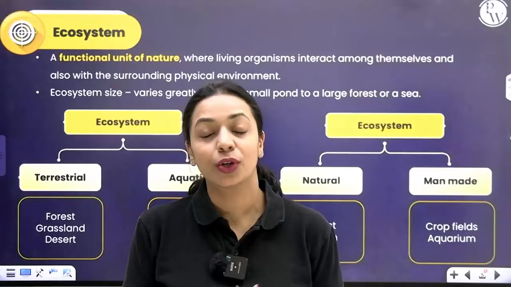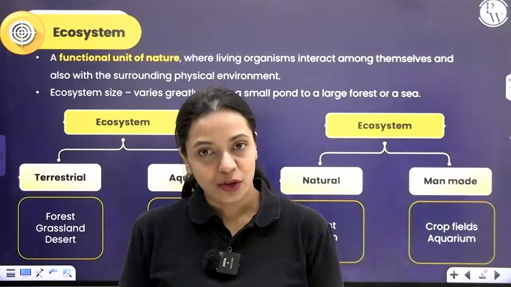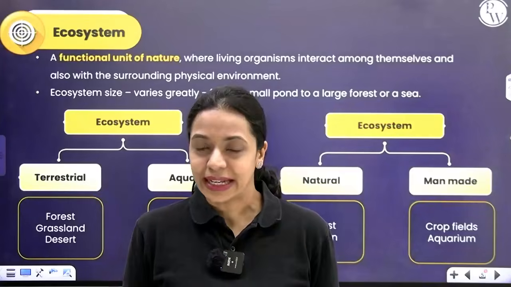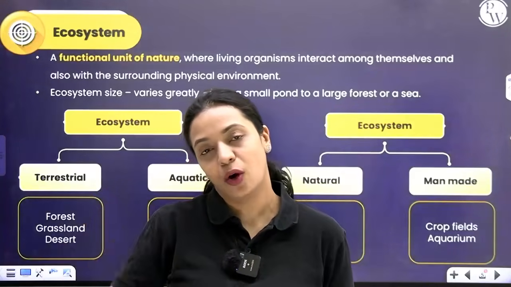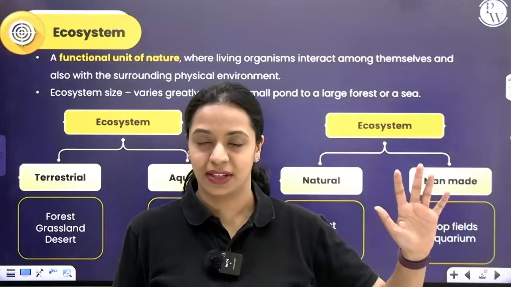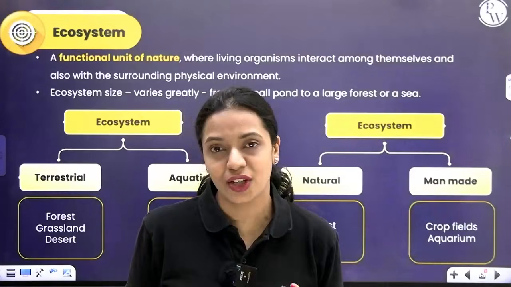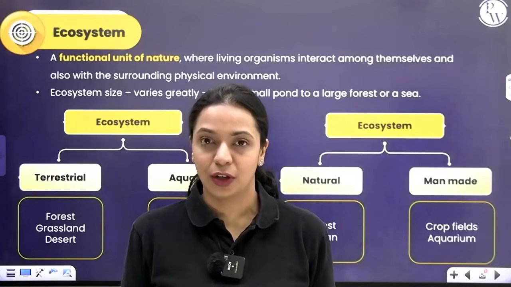There I had already told you what an ecosystem means. Ecosystem is one of the levels of biological organization where we take into consideration both the living or biotic components as well as the non-living or abiotic components.